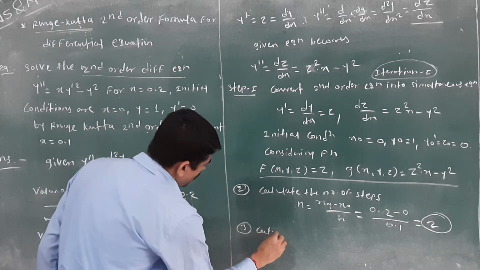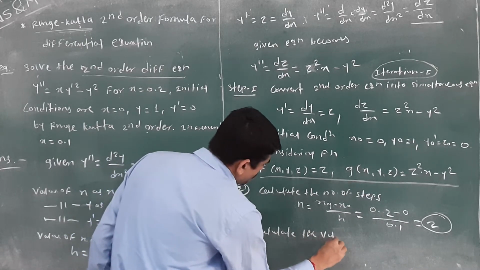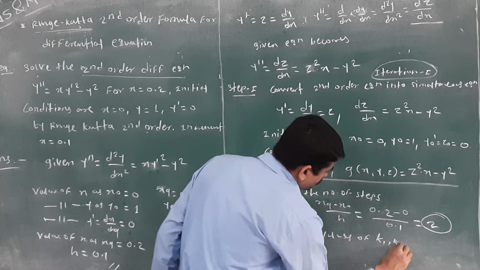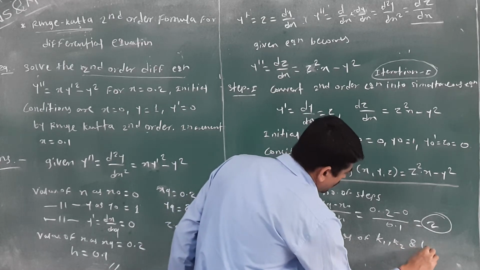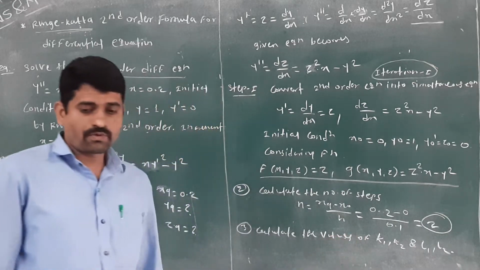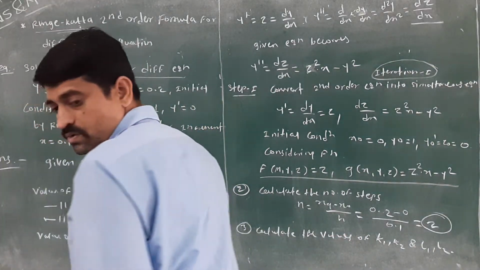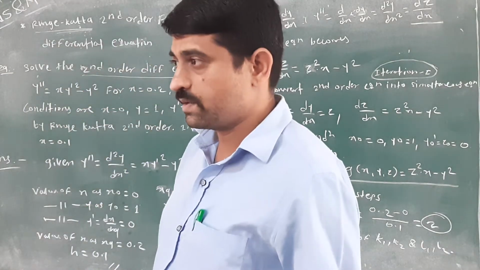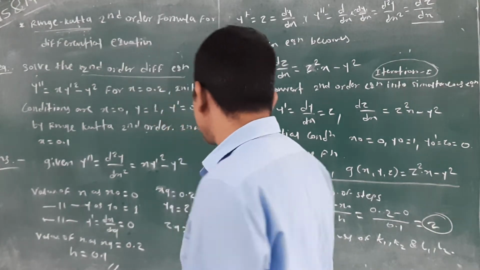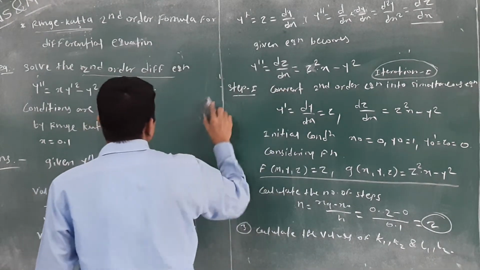Then step number 3. What is step number 3? Calculate the values of k1, k2 and L1, L2. Those are the values we want to calculate. In the second order Runge-Kutta method, we calculated only the k1 and k2 values.